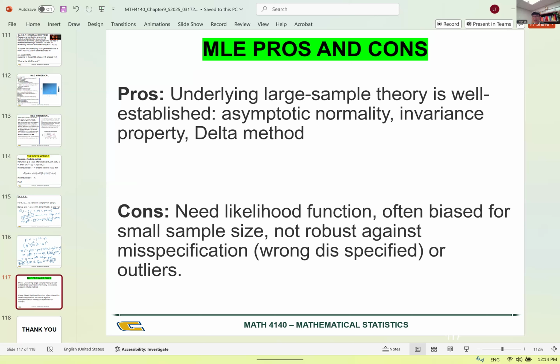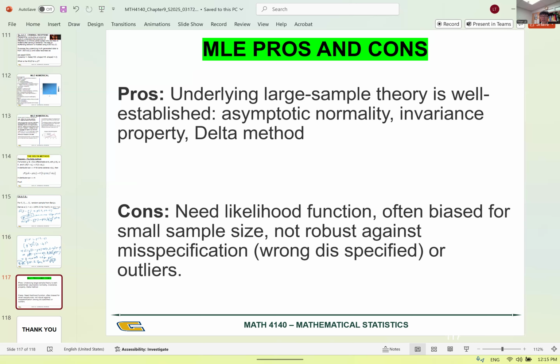And again, you should be aware that for small samples it can produce a biased estimator. For example, you can look at the case where we derived the maximum likelihood estimator for sigma squared.